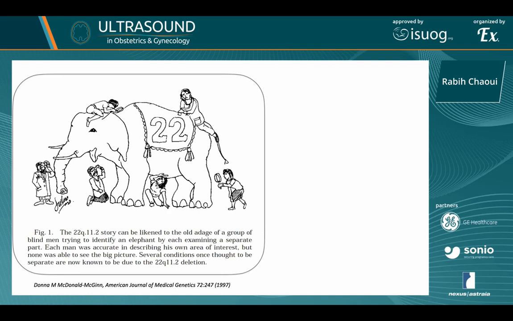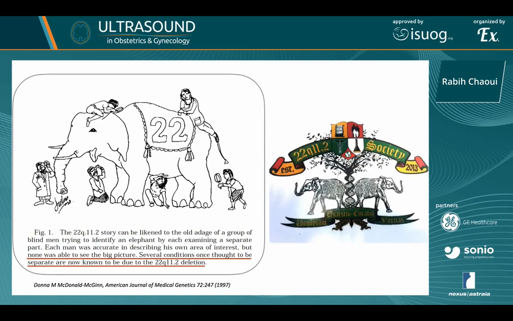Everyone reports an exact description, but no one of these was able to see the big picture. And this is a nice allegory to describe why 22q11 is so important, because it can appear with different entities. Interestingly, this allegory was used as a symbol of the 22q11 International Society. In other words, we will not have one single sign, we'll have separate signs and we'll put them together.